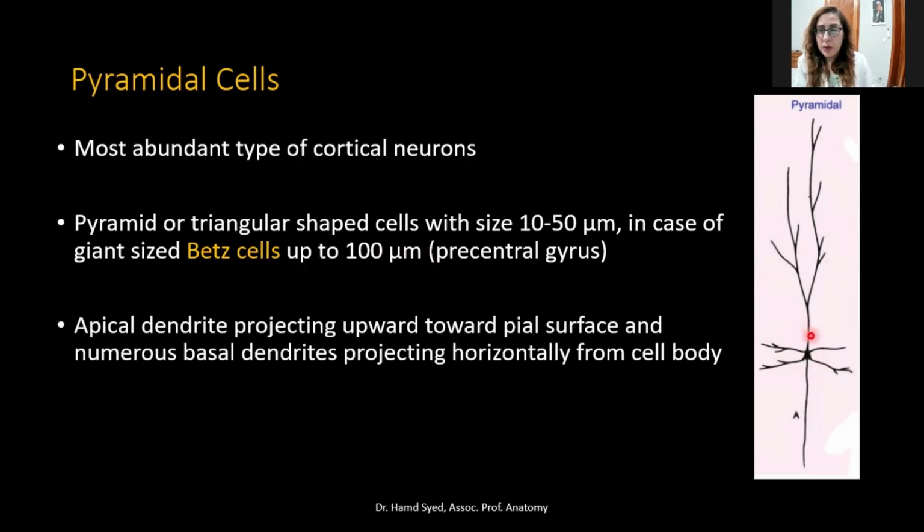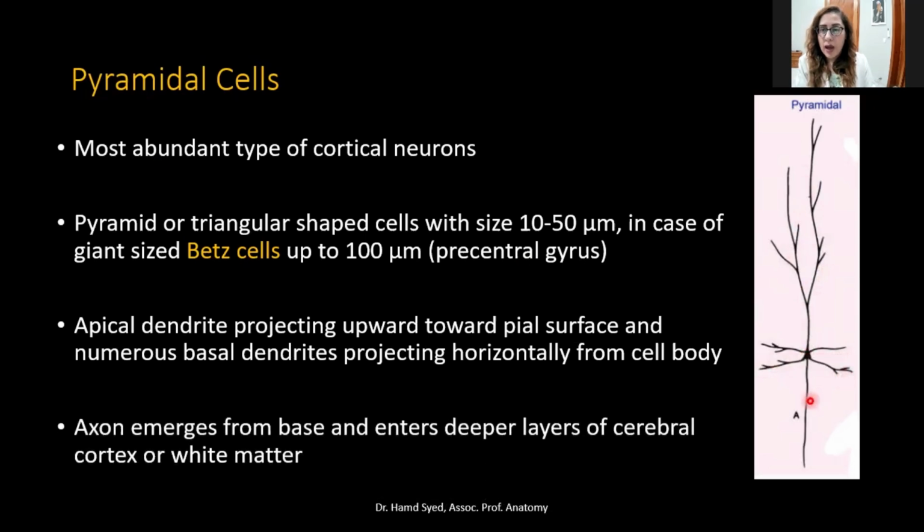You can see over here that there is a dendrite which projects upwards from the apical region of the pyramid-shaped cell towards the pial surface. And there are also numerous basal dendrites projecting horizontally from the cell body, whereas the axon emerges from the base of the pyramidal cell and enters deeper layers of cerebral cortex, and also it's going to enter into the white matter.